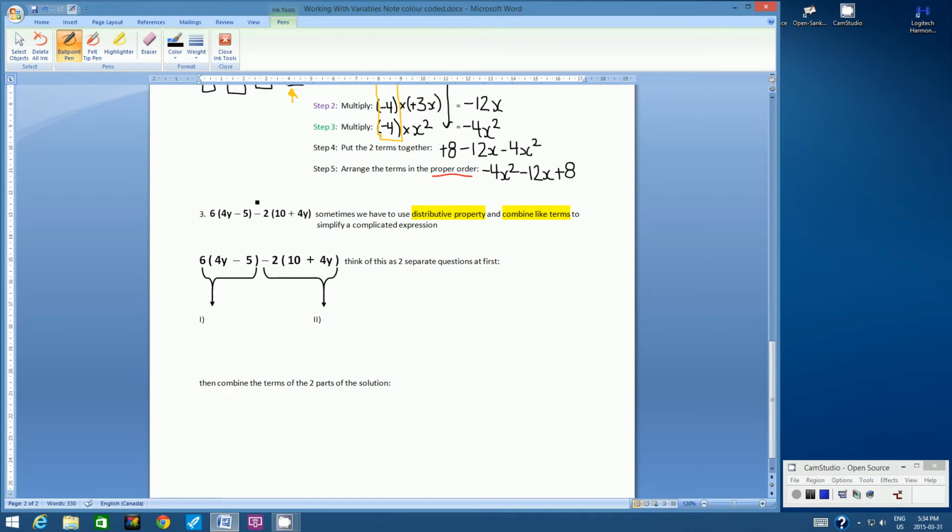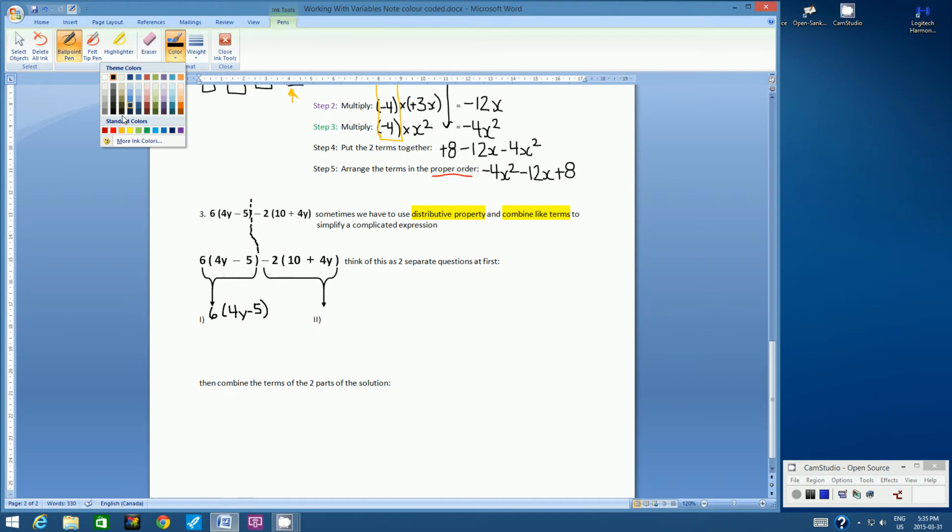So what I want you to do is consider this 2 separate questions, where I'm drawing a dotted line down the middle. See how I've separated it here? I have basically 2 distributive property questions. Okay, so let's look at the left side, part 1. So this is 6 with bracket 4y minus 5.